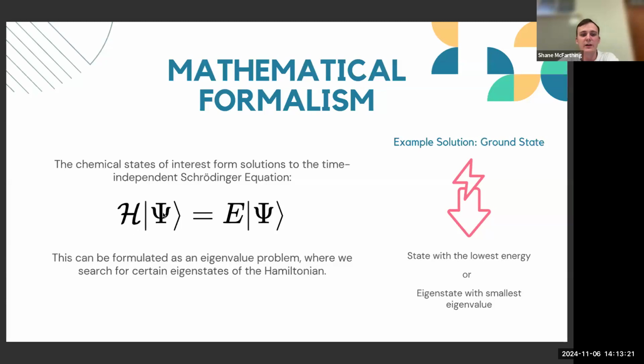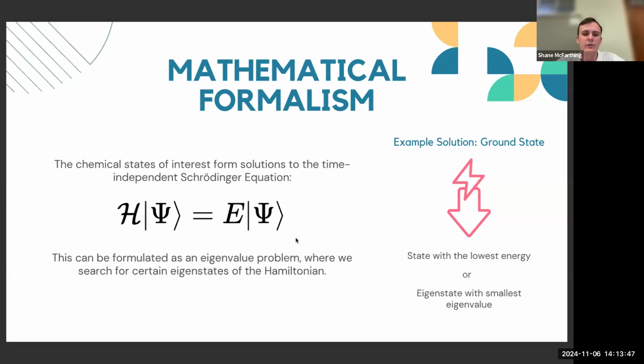The states psi are represented with wave functions that describe the probability distributions of the electrons and the specific states of the electrons of the chemical system. And these are what we're solving for. These are stationary states where, when we apply the Hamiltonian operator to that state, we get out an observable, which in this case is the energy.